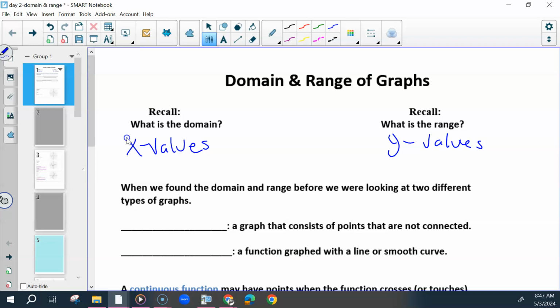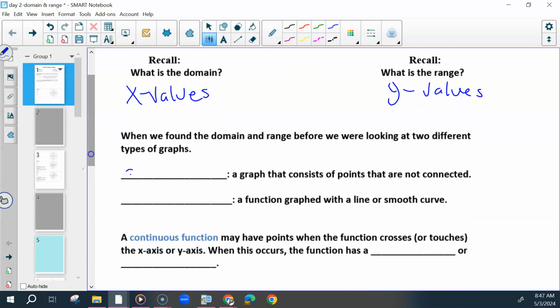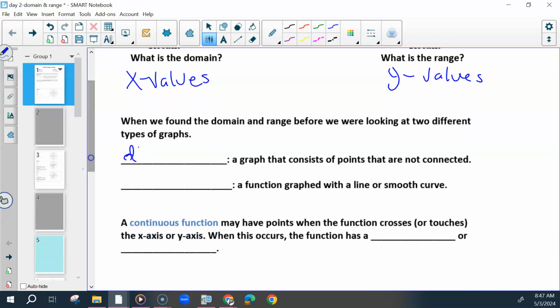So when we look at domain and range of all these different functions, we're looking at two different types of graphs. One is discrete, where it's a bunch of random points on the graph.